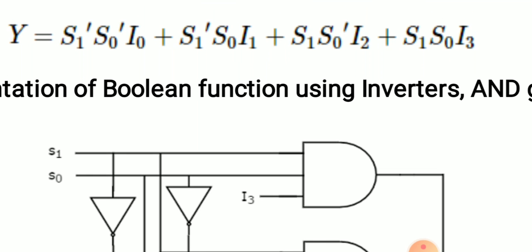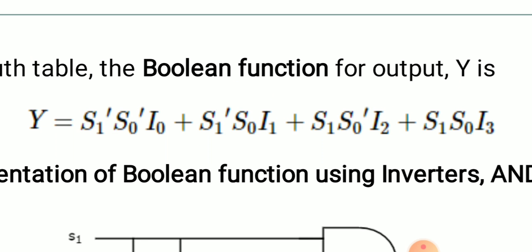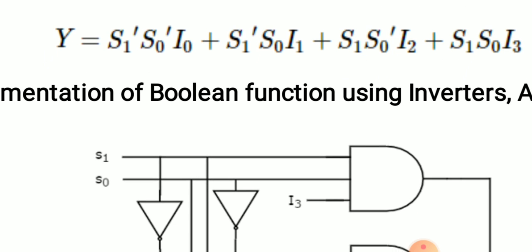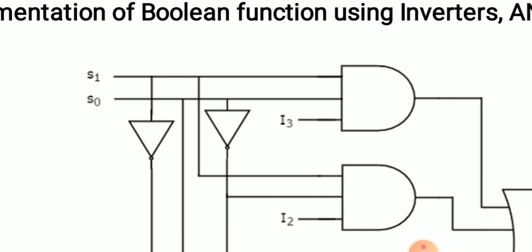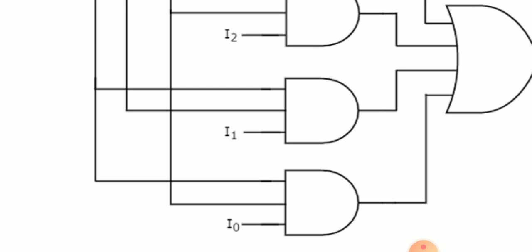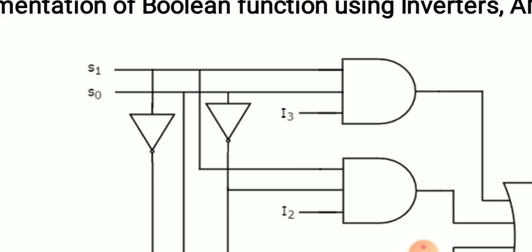You know, AND gate performs simple multiplication and OR gate performs the OR function, that is our addition function. So the first part of the Boolean function, S1 dash S0 dash I0, is ANDed and then passed through an OR gate.